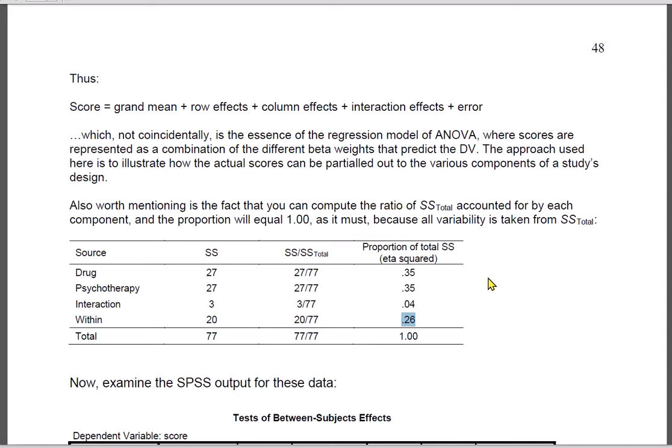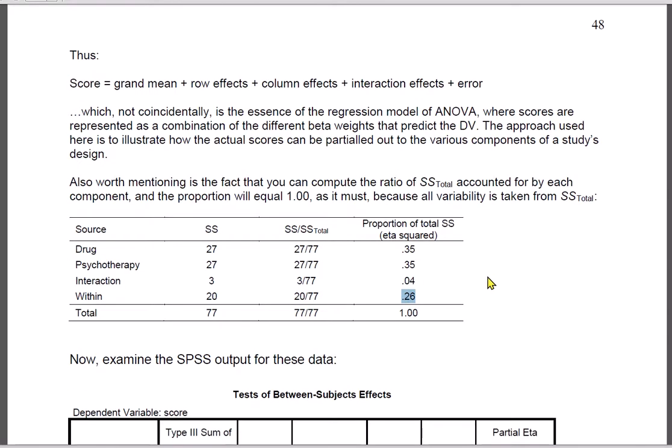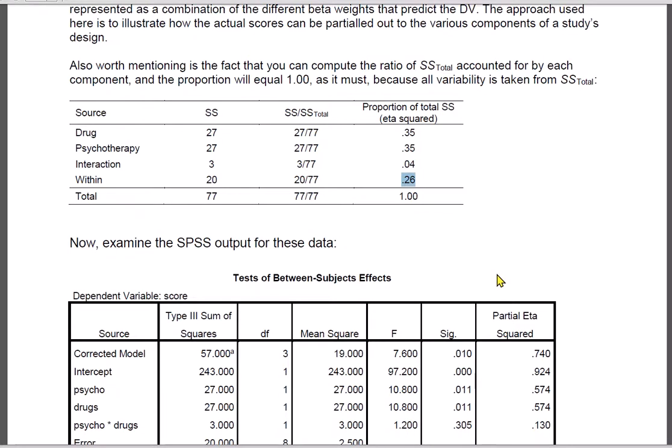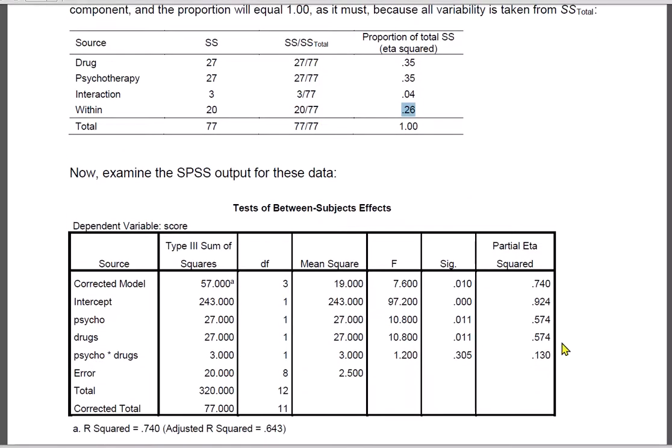So that's eta squared. Now, when you ask SPSS for the effect size, what it gives you is partial eta squared. And you can see that the numbers here are different. I don't want to go into the difference here in this video. I don't think it's that important for our purposes today.